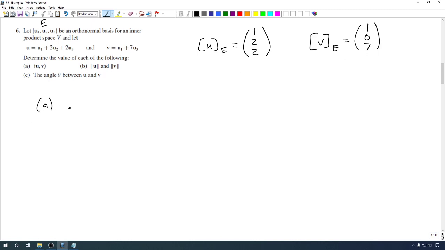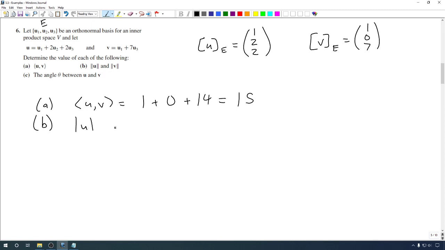And so all we need to do is take the inner product, or the scalar product, of these two. So u·v is 1 times 1 plus 0 times 2 plus 2 times 7, and so we get 15. It's just that simple once we have an orthonormal basis.